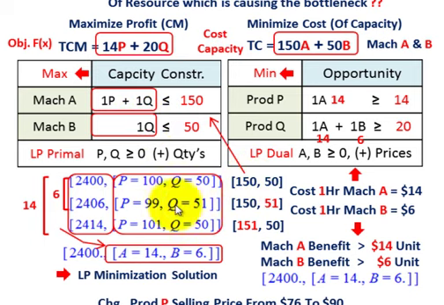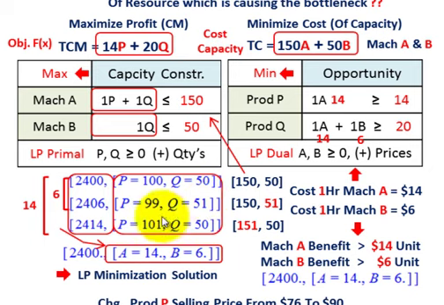We're going to come up with a contribution of $2,406. Compare that to the $2,400 that we have, so we got a $6 change. So that's going to be the cost of adding 1 hour for machine B. So we know that cost.